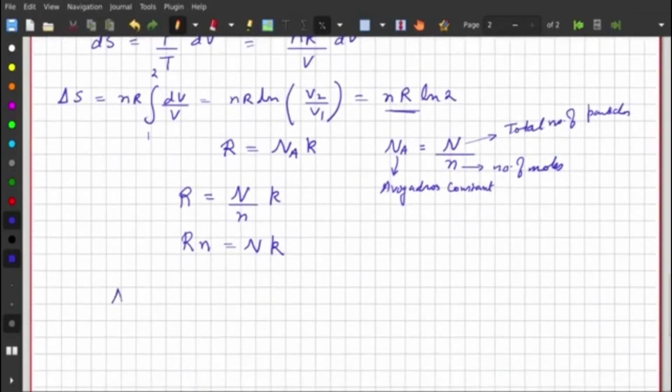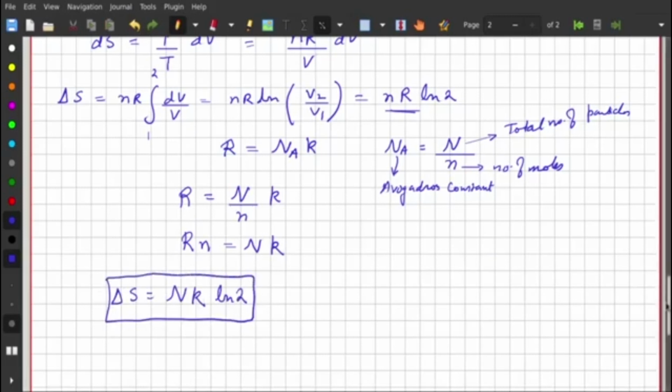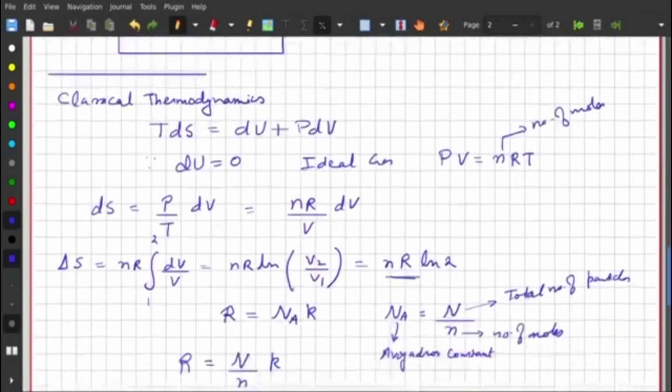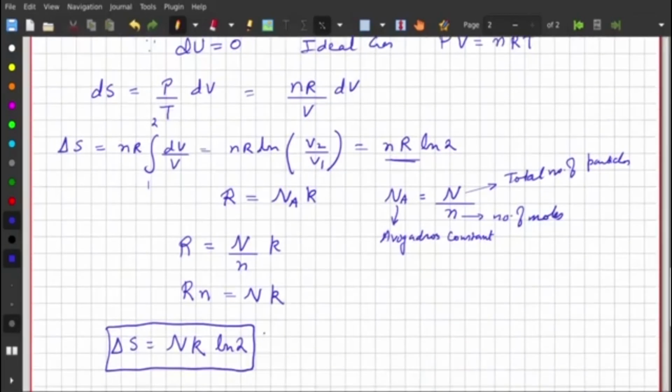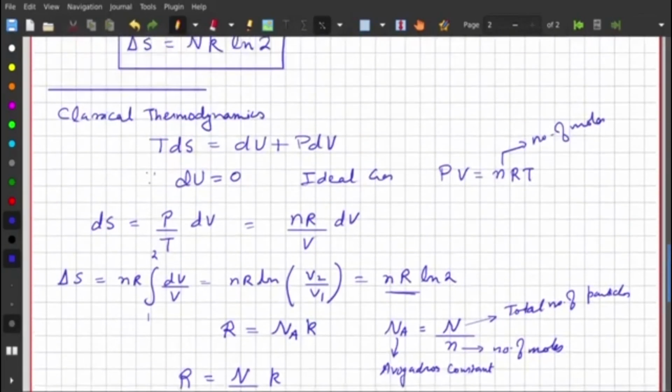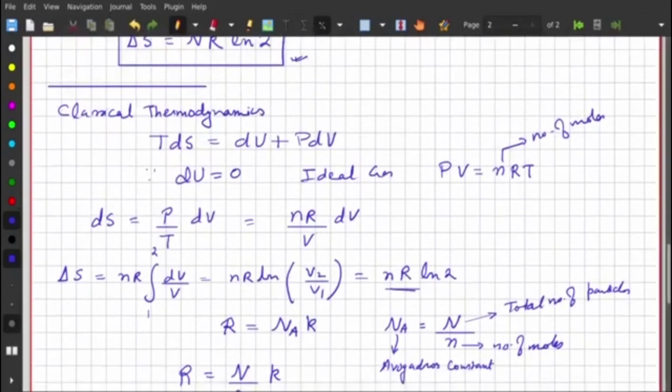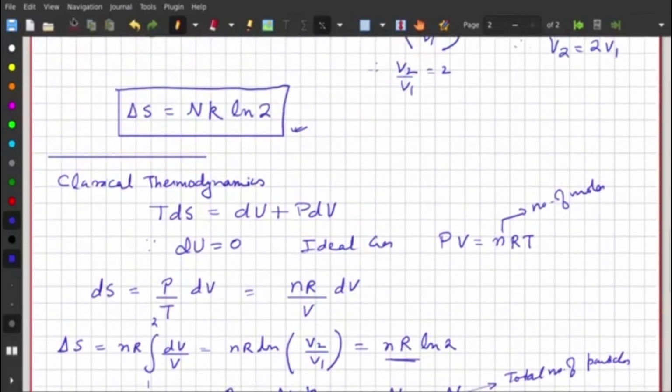That means delta S is Nk log 2. If you recall from statistical thermodynamics, we come to a similar expression. Compare this with this. So that gave us the expression for the total entropy change during the expansion process, when the gas initially occupied half the volume and then expanded after the removal of the partition in between.